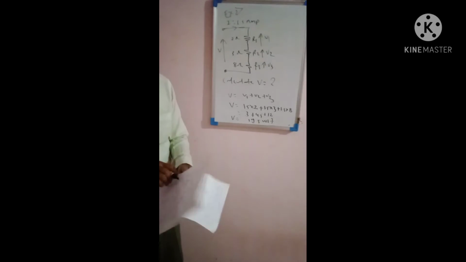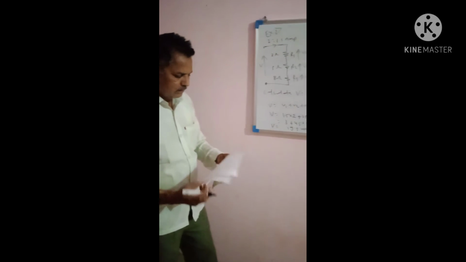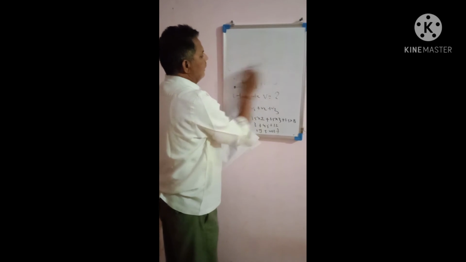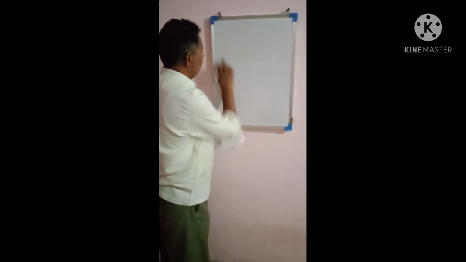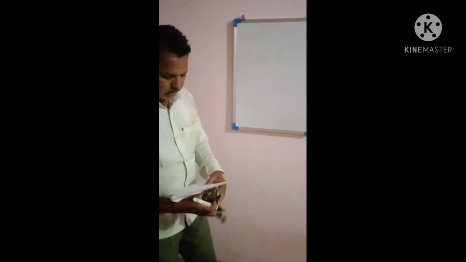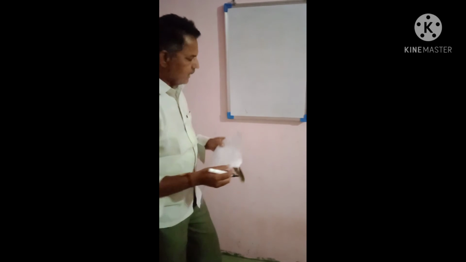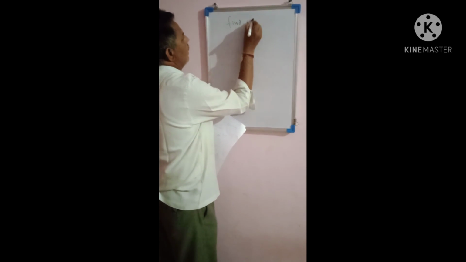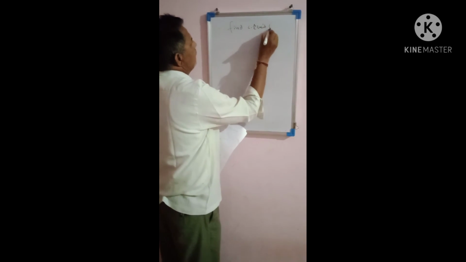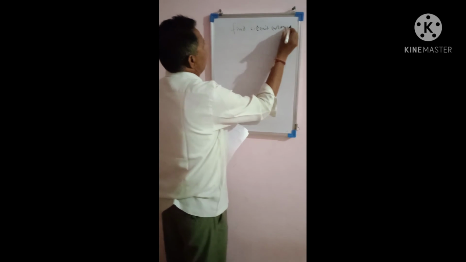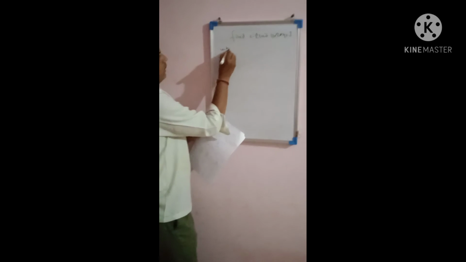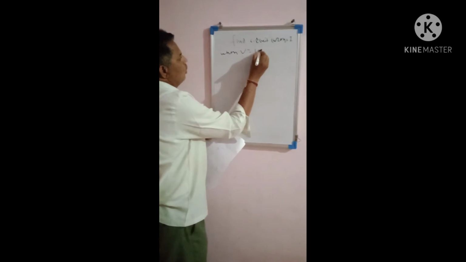Now here is one more example, considering a series circuit. They ask you to find the circuit current I, given V equal to 100 volt.